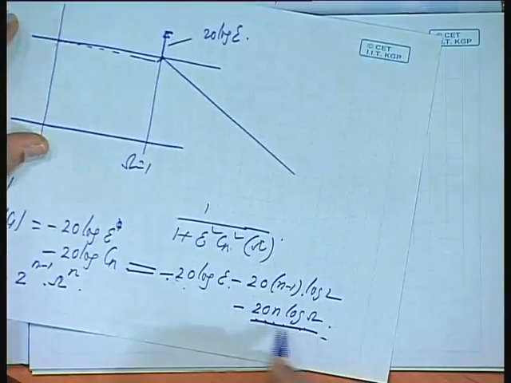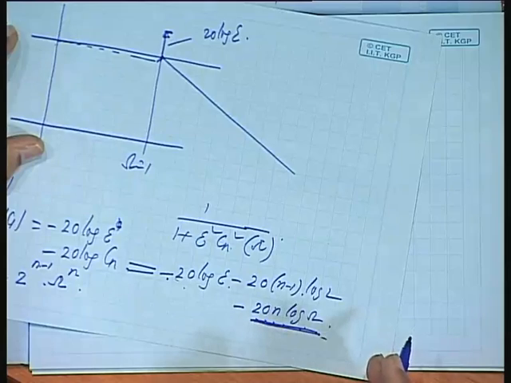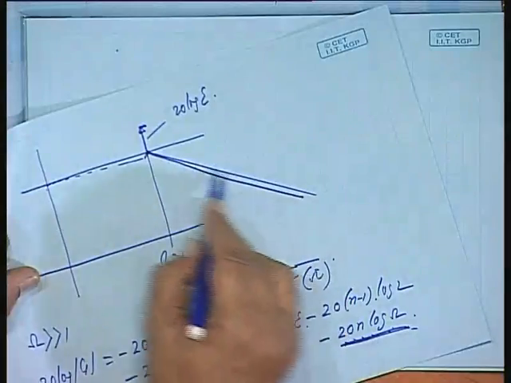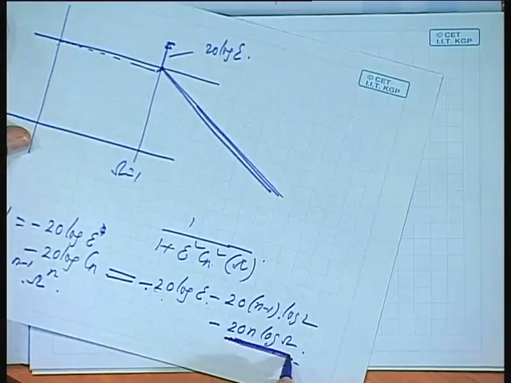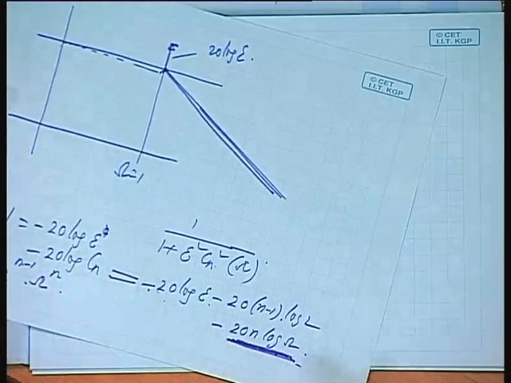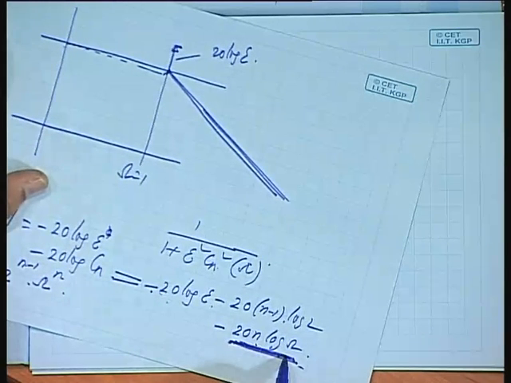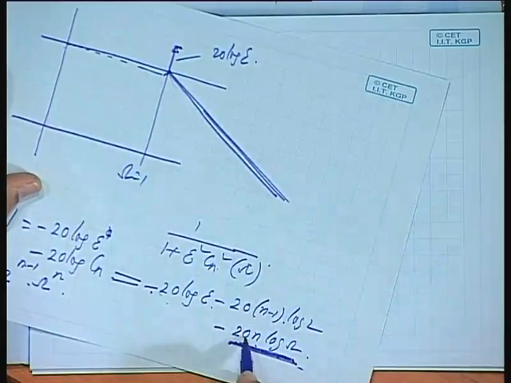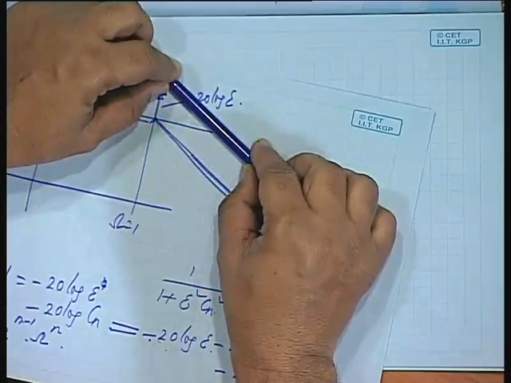That will give me a slope corresponding to 20 n dB per decade, which we got for the Butterworth filter. 20 log of omega means 20 dB per decade, so 20 n dB per decade is the slope. Added with that is this quantity, so this slope has to be shifted up.